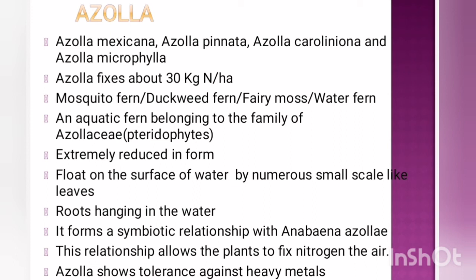Azolla looks like a conventional fern. It floats on the surface of the water by means of numerous small, closely overlapping scale-like leaves.